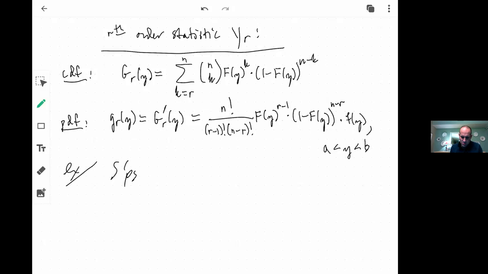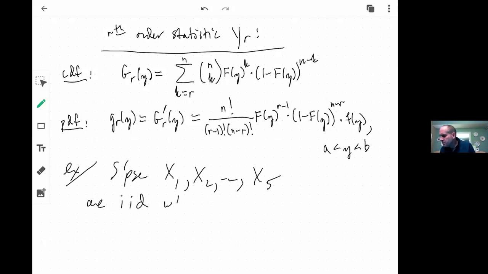Suppose that I have 5 random variables, x1 through x5, each IID, independent identically distributed, with common density f of x equal to 2x, for x between 0 and 1.